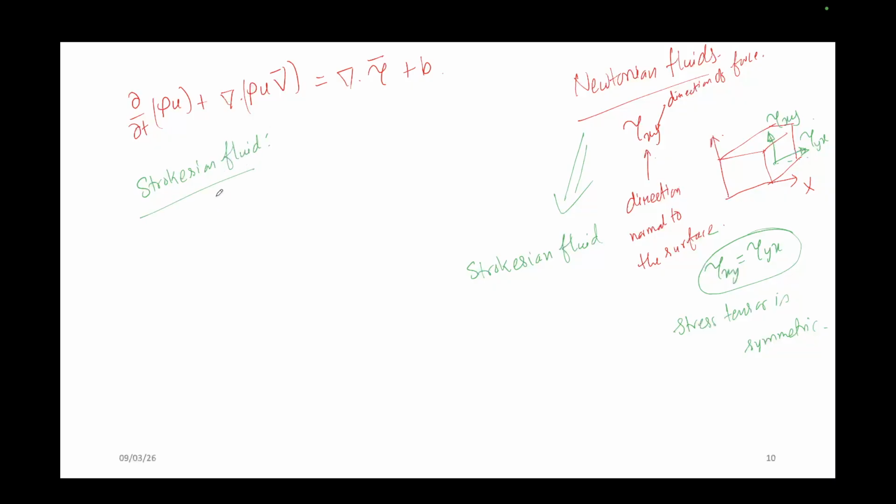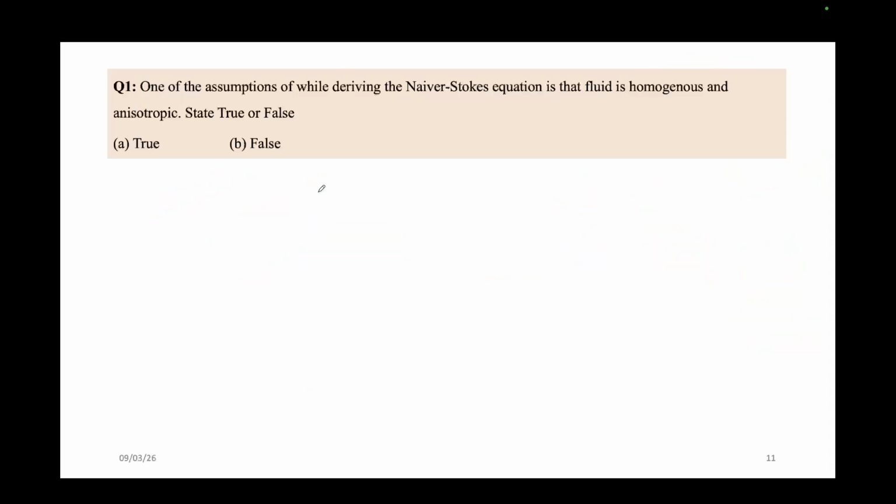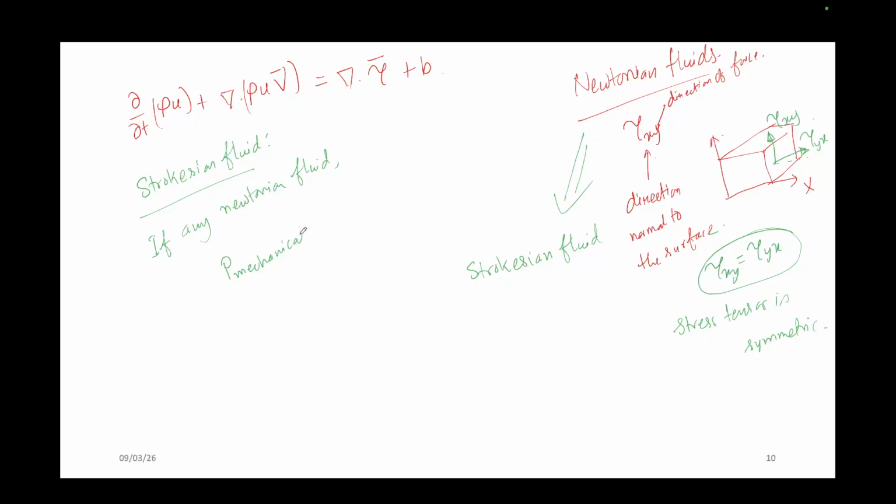He found out that if in any Newtonian fluid the mechanical pressure and the thermodynamic pressure are equal, then it is known as a Stokesian fluid: mechanical pressure equal to thermodynamic pressure.